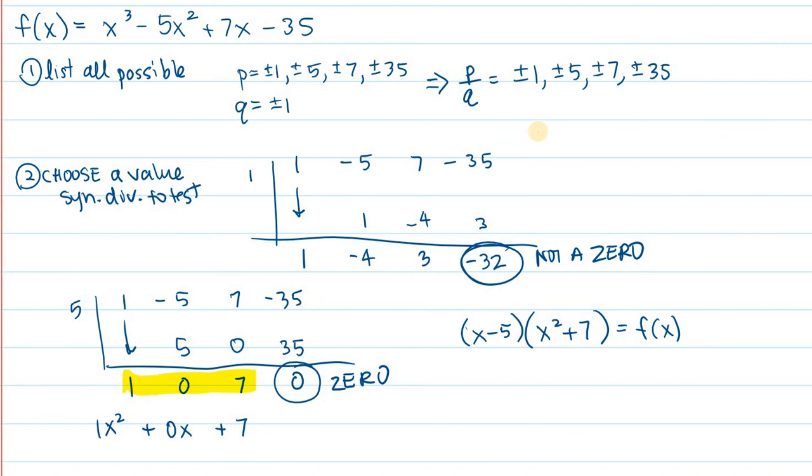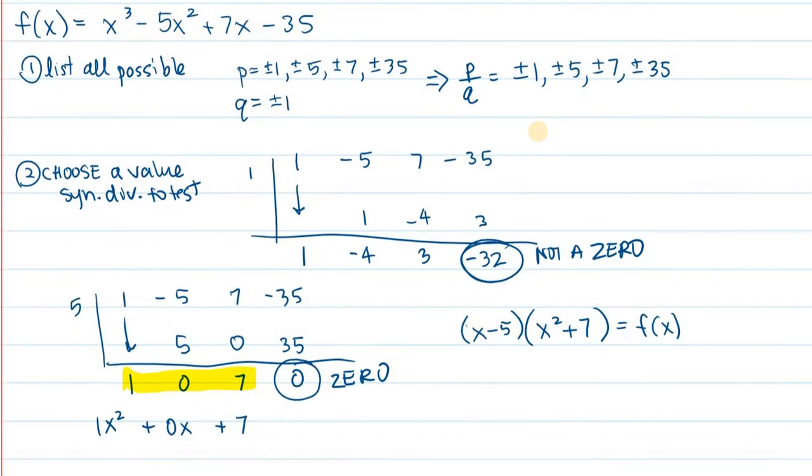Our original question, which I didn't even write up there, was to find the real zeros. So in this case, x minus 5 equals 0, because now we can use our zero product property.